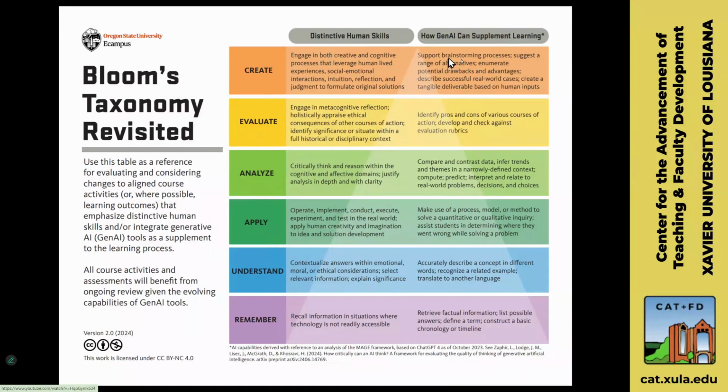And AI can support this by brainstorming processes, suggest a range of alternatives, indicate potential drawbacks and advantages. And so you see how you can use this taxonomy revisited to help you with that.